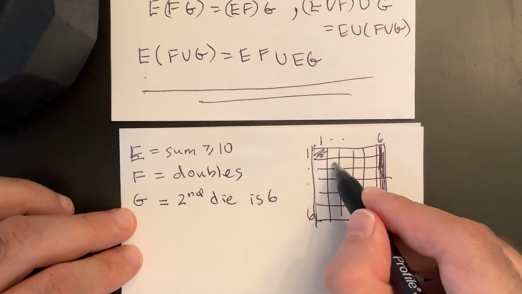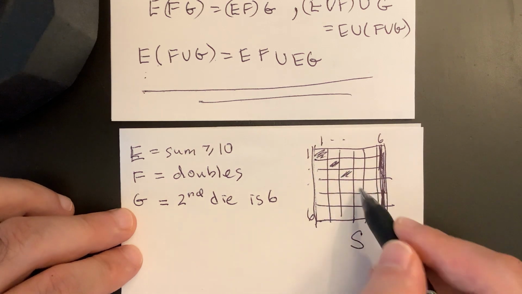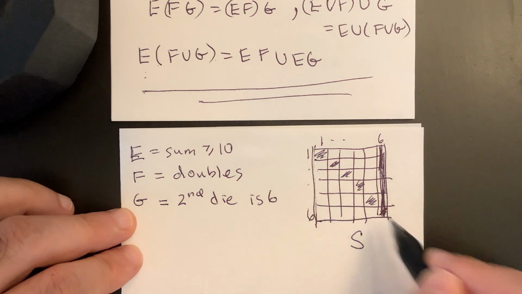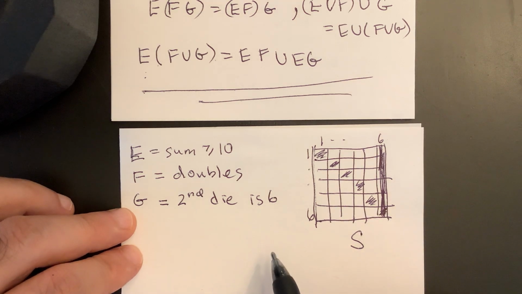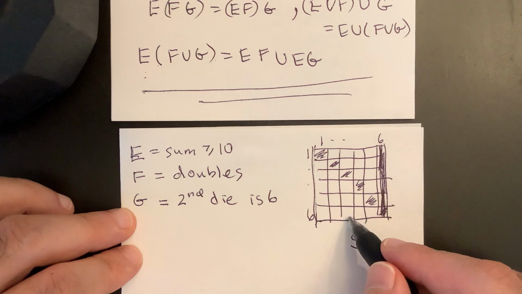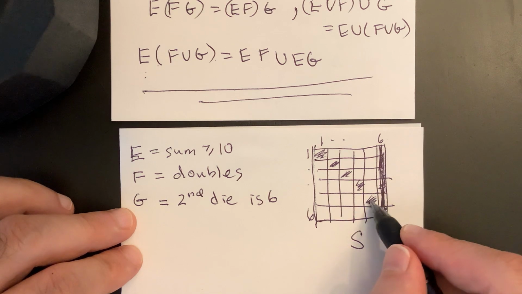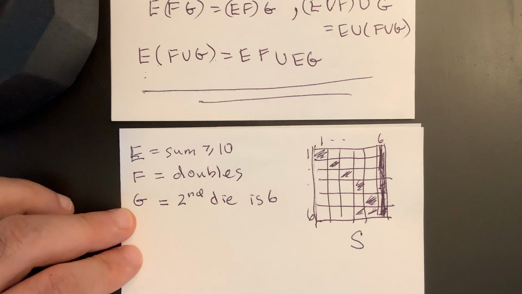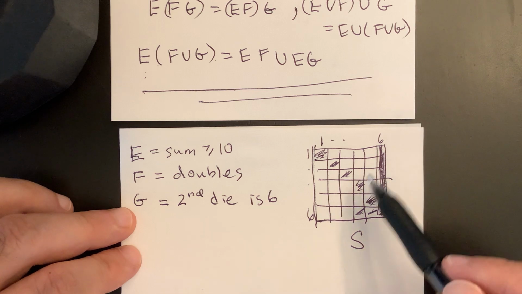So doubles is like this. And they're going to overlap a little now, so it's going to be a little confusing. And sum greater than or equal to 10, well that's this one, this one, this one, this one. So now you can't really tell. You can see the union of all three, that's all that's shaded in, but otherwise, it's not so clear what's what.